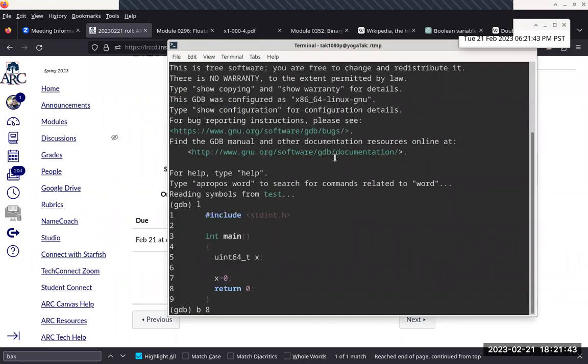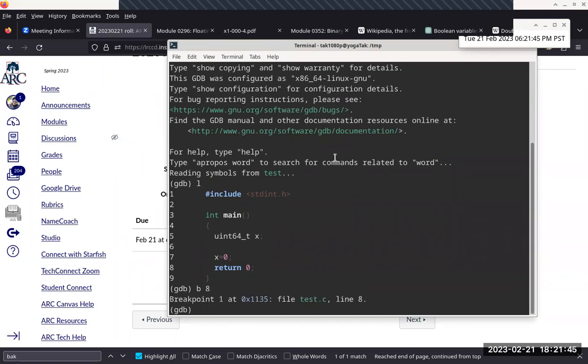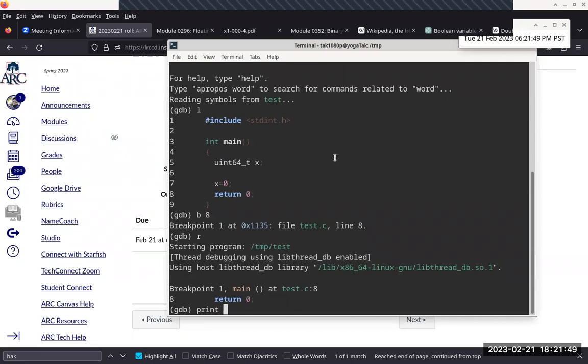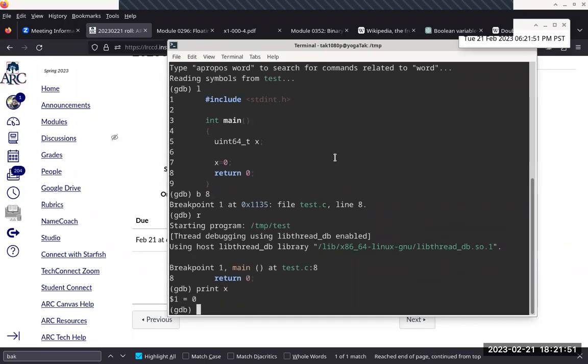I'll put a breakpoint on line 8, which means I'll just make the program pause at that point, run the program, and say, okay, what is x right now? X is 0. That's hardly surprising, right? Because that's how I initialized the variable x to begin with. So now the next question is, then what do we do?